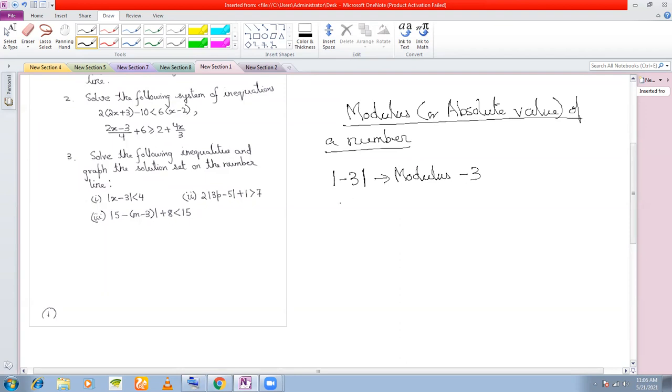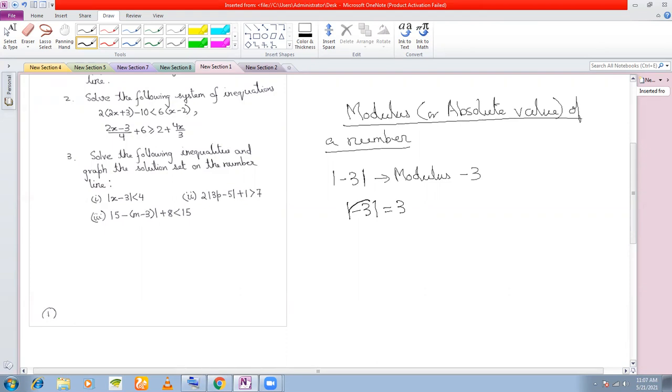What do you mean by modulus minus 3? When the modulus of a number is taken, it converts the number to a positive number. When you take the modulus of a negative number, it converts it to a positive number. But how is it converting? It is converting in this way.